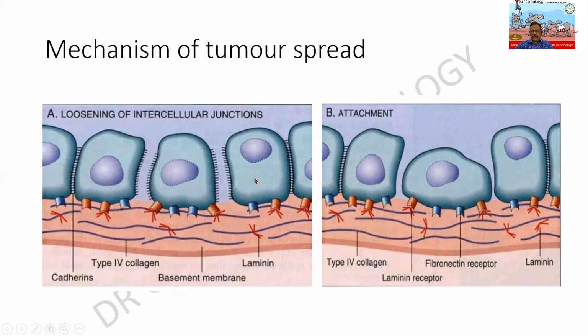So this is a diagrammatic picture of the tumor cells. So these are all the tumor cells, and in between the tumor cells normally there is adhesion which is lost. So there is a loss of intercellular adhesions. Also you find that there will be some receptors at the surface of the cells.